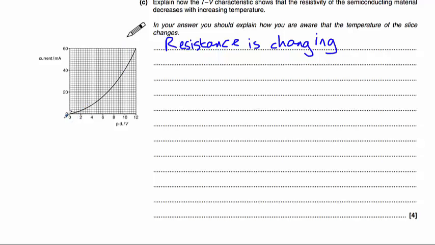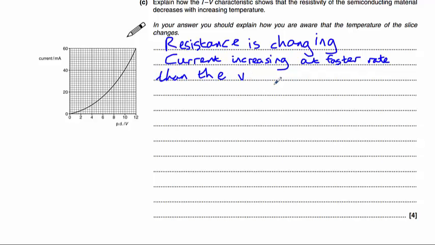Now, in which way is it changing? Is it getting smaller as the voltage increases, or is it getting larger? Well, we can see from the curve of the graph here that the current is increasing at a faster rate than the voltage, which means that R is decreasing.